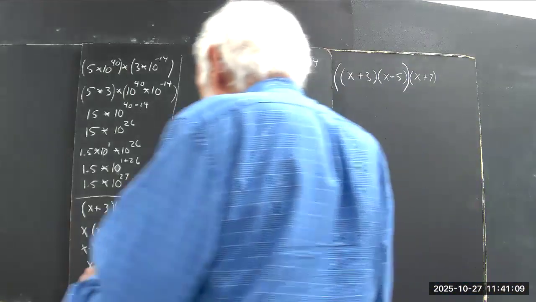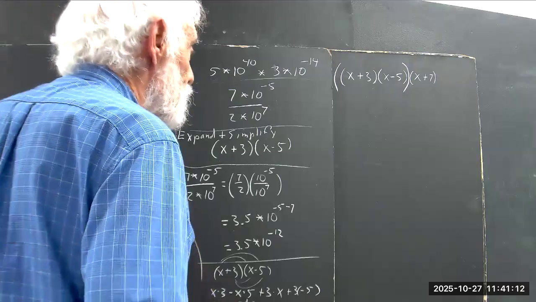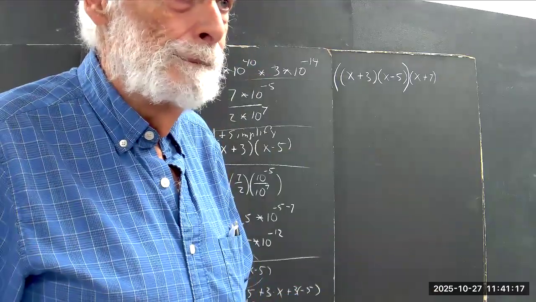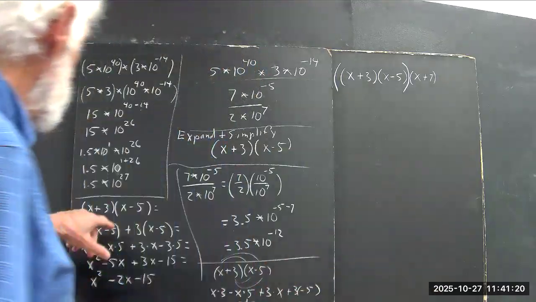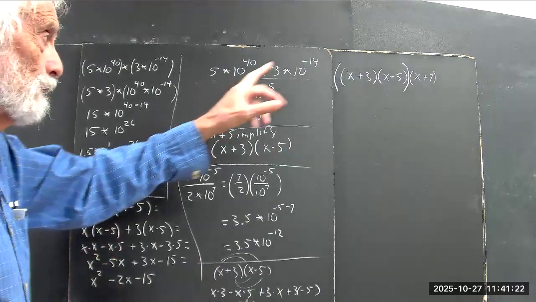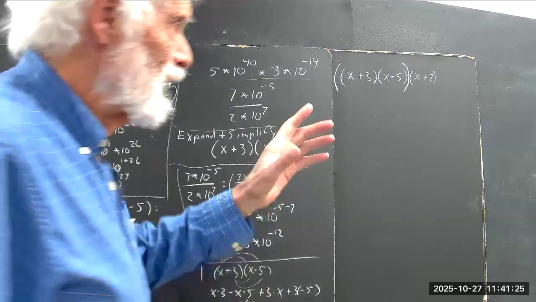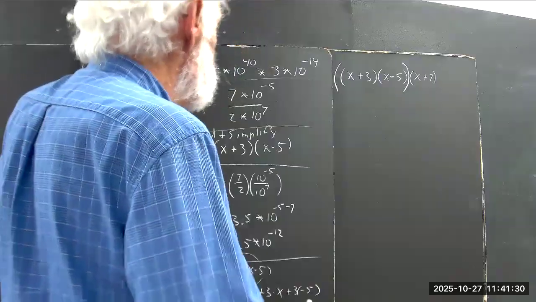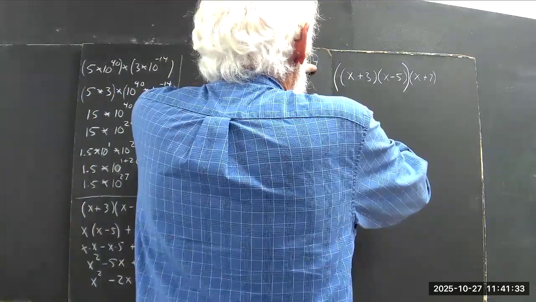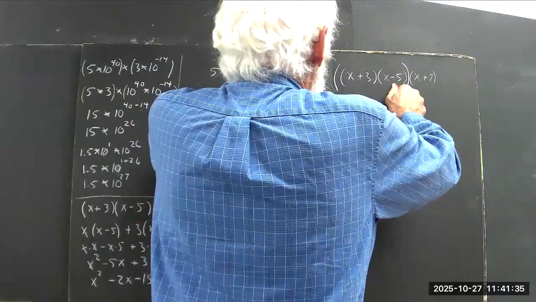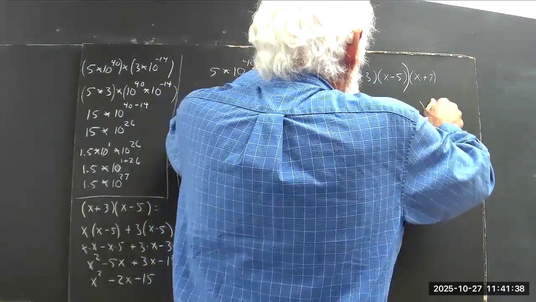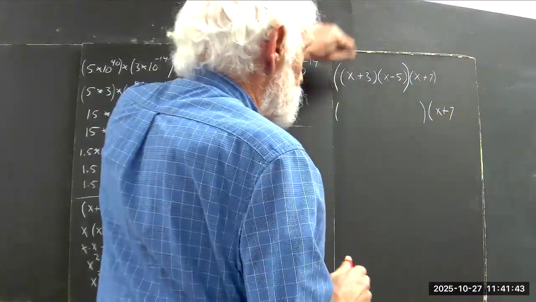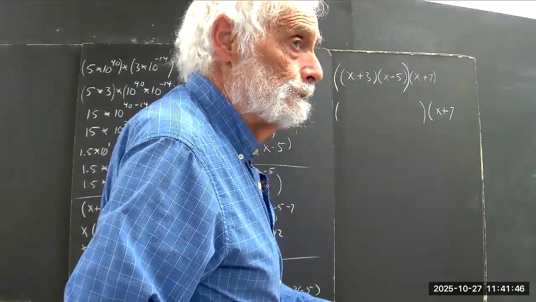Okay, now everybody did the natural thing, which is to concentrate on multiplying x plus 3 by x minus 7. Well, that's exactly what we did over here. I gave you, oh, sorry, x plus 3 times x minus 5. I don't know, my catch is a 7, then everything's a 7. But anyhow, that means you're going to have to put whatever you do here into parentheses and then write the x plus 7. What goes in these parentheses is x plus 3 times x minus 5.